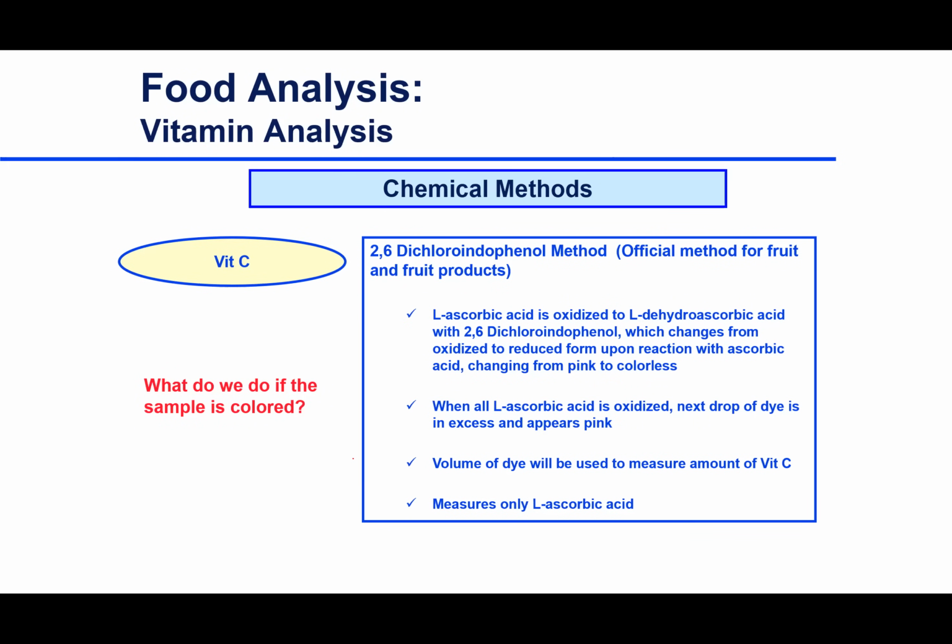Okay, so you're going to be doing vitamin C analysis in food analysis. And so you're going to be using this method that uses 2,4-dichloroindophenol, and it's a titration procedure. In this particular procedure, you actually oxidize the ascorbic acid to dehydroascorbic acid as part of the assay.